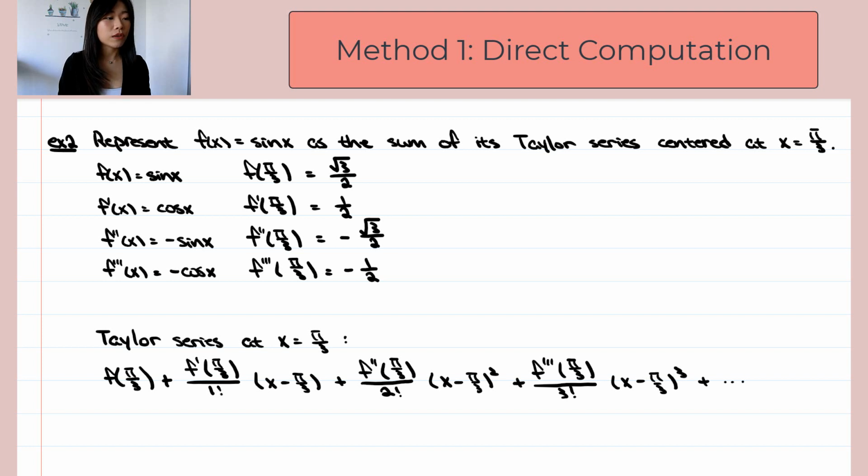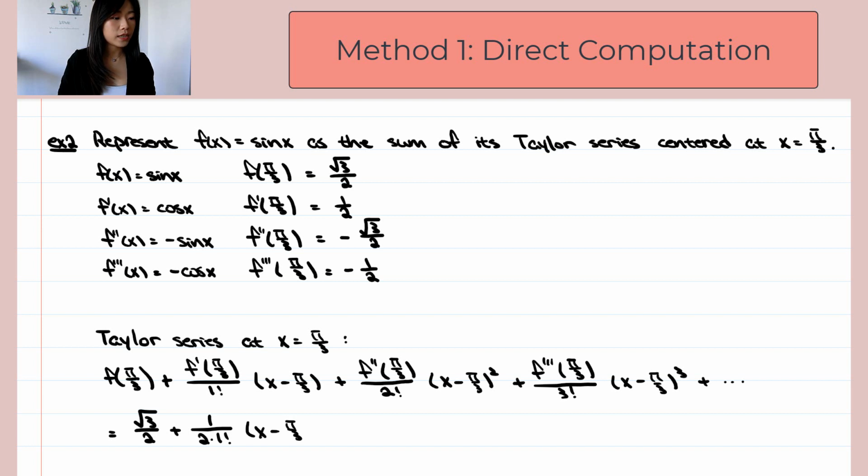Now let's substitute the values we found when we evaluated the function and its derivatives at pi over 3. The first term would be square root of 3 divided by 2, then plus 1 over 2 times 1 factorial, then times (x minus pi over 3), then minus, since the second derivative at a is negative square root of 3 divided by 2, so minus square root of 3 divided by 2 times 2 factorial, then (x minus pi over 3) squared.